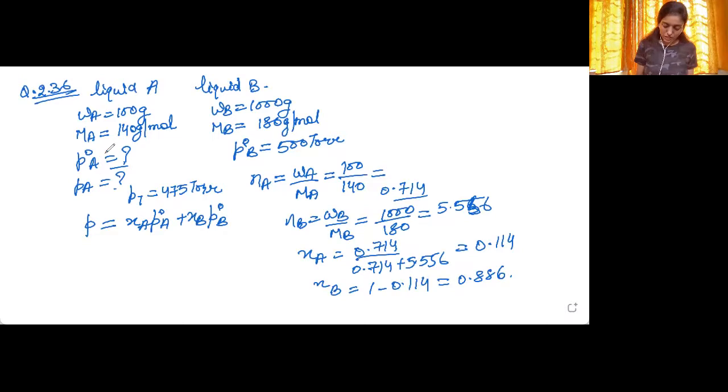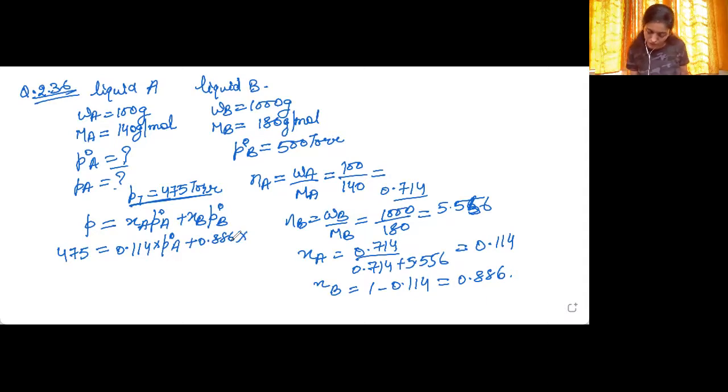So P here, the total vapor pressure of the solution, is 475. Now XA is 0.114, and P naught A we need to find out. We have XB 0.886 multiplied by P naught B. P naught B is 500. So 0.886 multiplied by 500 is coming out to be equal to 443.